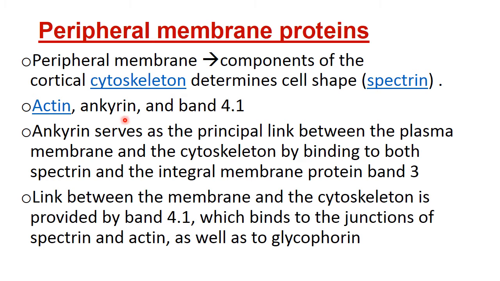Ankyrin serves as the principal link between the plasma membrane and the cytoskeleton. How does it provide the principal link? By binding both spectrin and the integral membrane protein band 3. Spectrin is a peripheral membrane protein and band 3 is an integral membrane protein.